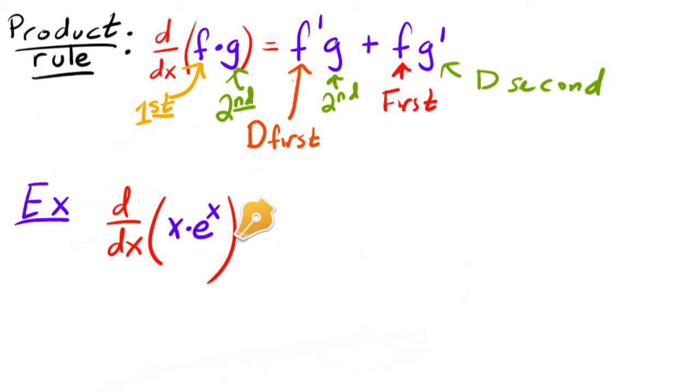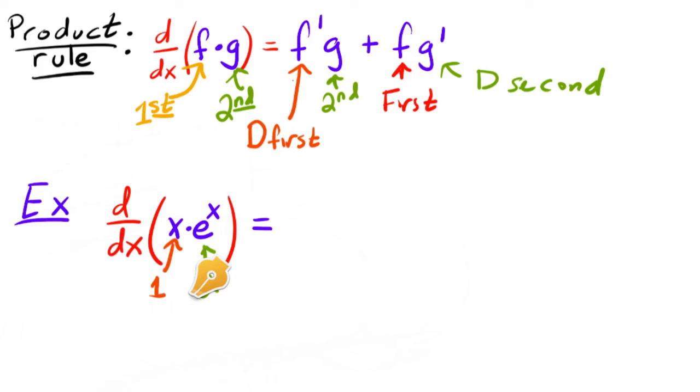Now this example is different than the one I just showed you because you can't actually multiply these two together to get one function. So for this one, since you're multiplying two functions, you have to use the product rule. Okay, so I'm going to call this one the first, and this one's going to be the second.